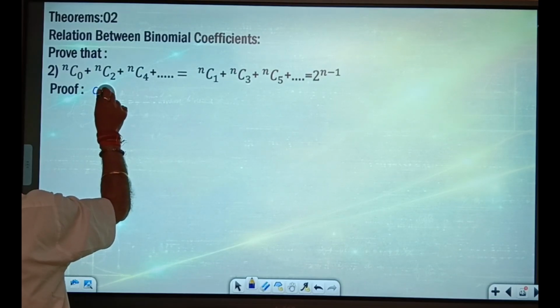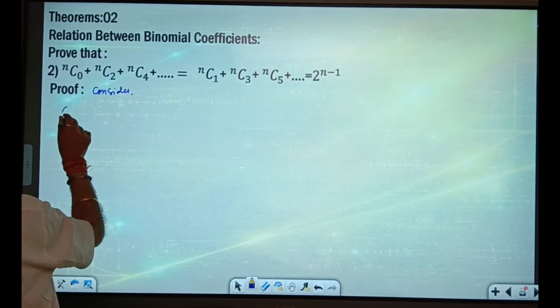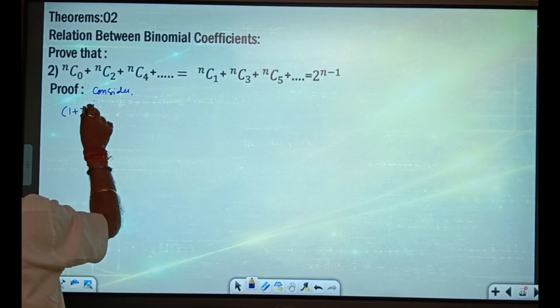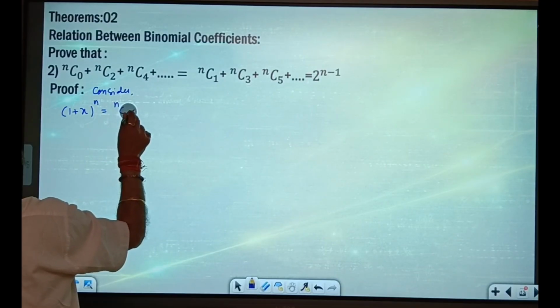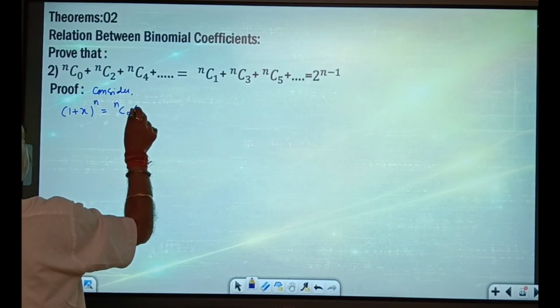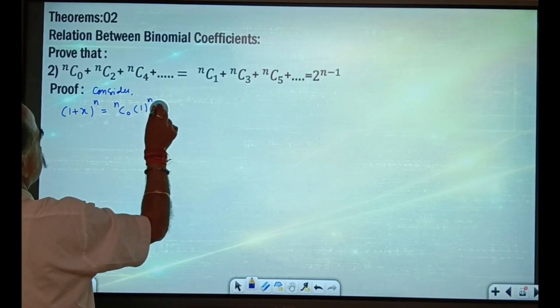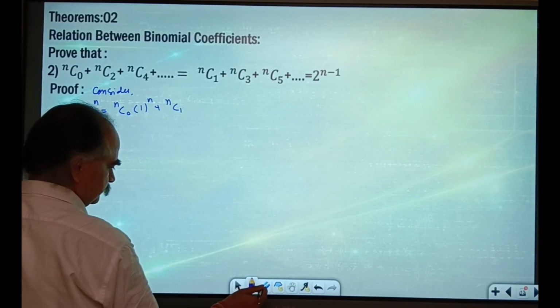Consider (1 plus x) raised to n. nC0, 1 raised to any power is 1, we will not write now. nC1 x.